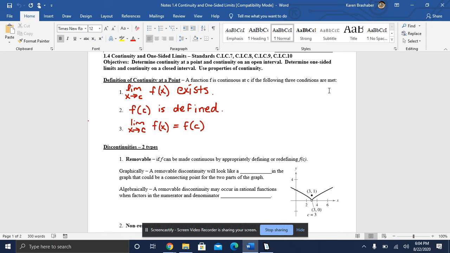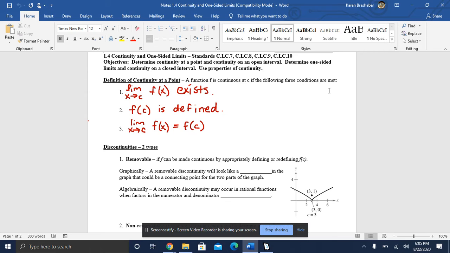So first of all, we'll start off with the definition of continuity at a point. And I would like for you to know the conditions that must be met for a function to be considered continuous. So the first statement is: a function f is continuous at c.